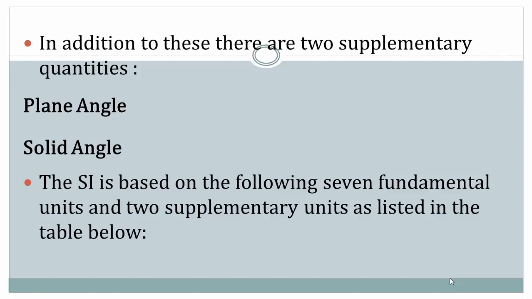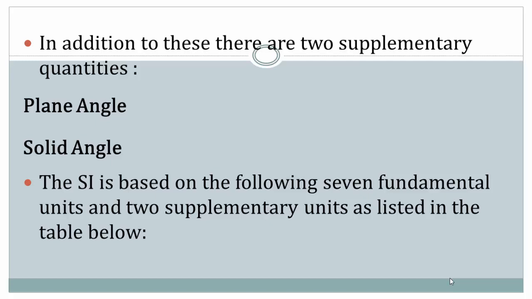In addition to these two, there are two supplementary quantities. Those are plane angle and solid angle. What is plane angle? It is the angle between two intersecting straight lines measured in the plane of the same lines.